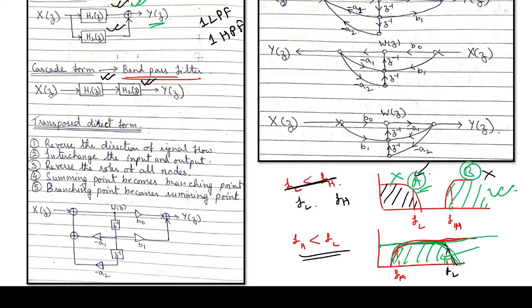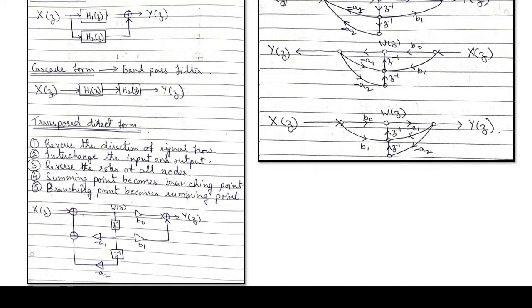Okay, so suppose you get something, say 1 by z inverse minus a into z inverse minus b. Okay, so it can be implemented either in the parallel form or in the cascade form.